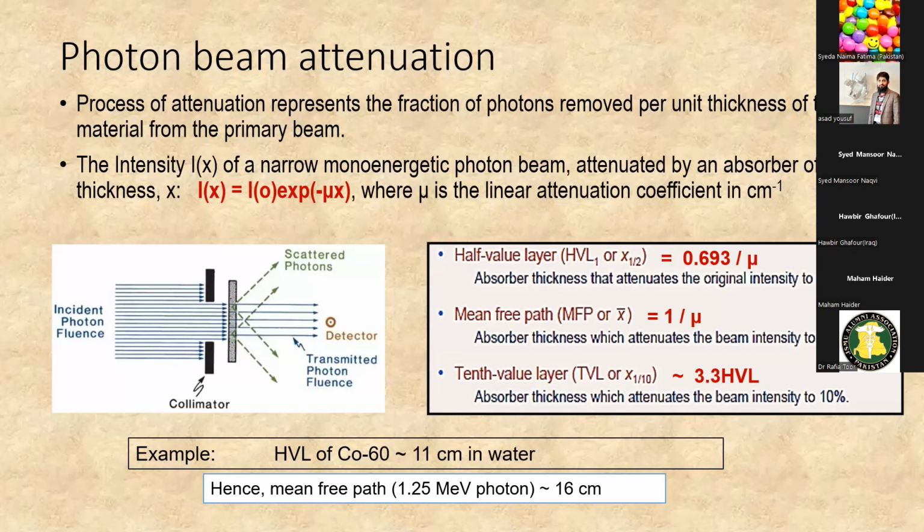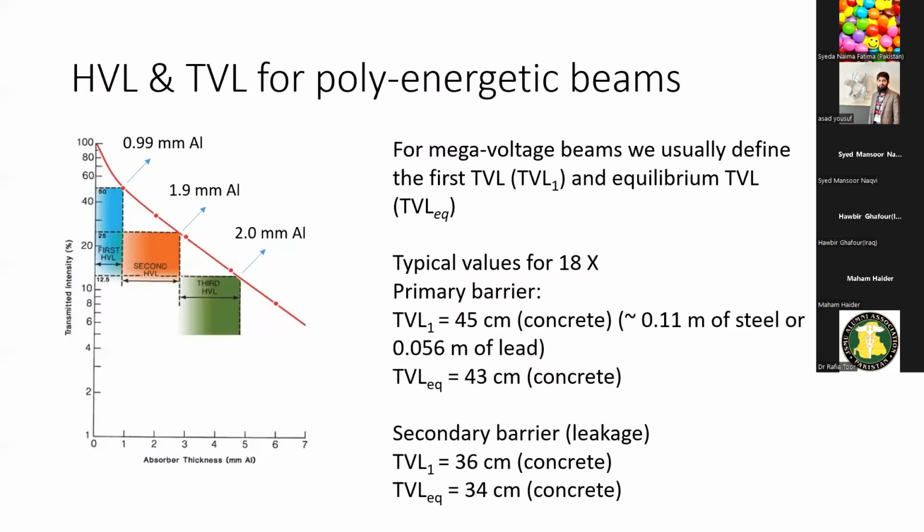When you say monoenergetic beam, it means each photon has the same amount of energy. And a polyenergetic beam means the photons carry different energies; there is a spectrum of the beam. Okay, that's good. Thank you.